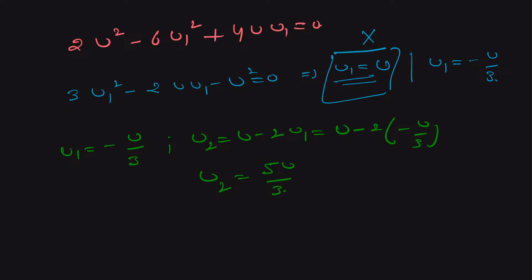So we have our v1 as minus v by 3 and v2 is equal to 5v by 3. And this we solved in our lab frame. Same problem we are going to solve by using, rather we can say we are going to start with center of mass frame, then we are going to again shift to the lab frame.